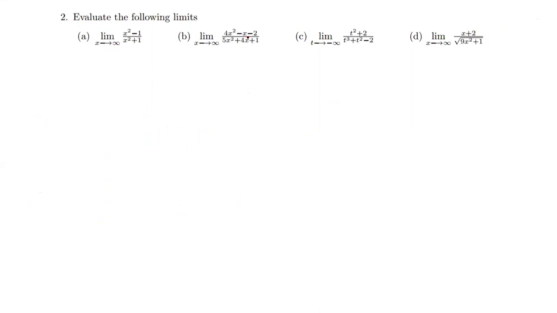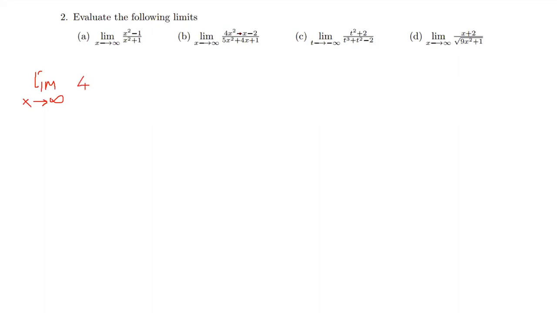The same applies to the second part here. For the second part, you also divide everything by the x which has the highest power. In this case, again, our x which has the highest power is x to the power 2. So you divide everything in the expression by x squared. So the limit, when x is approaching infinity, of this: when I divide 4x squared by x squared, I'm going to get 4.